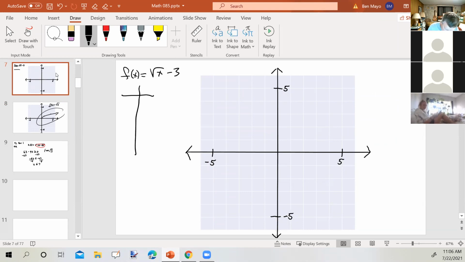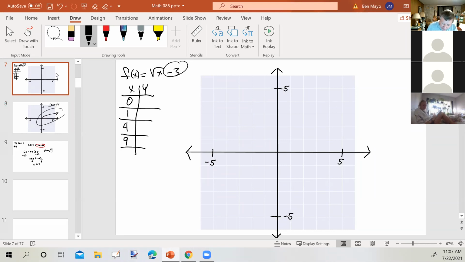Now we are putting x into a square root, taking the square root of it, and then afterwards subtracting 3. So I'm going to use perfect squares for my x values, okay? Because the -3 is not inside the radical, it's after we take the square root.